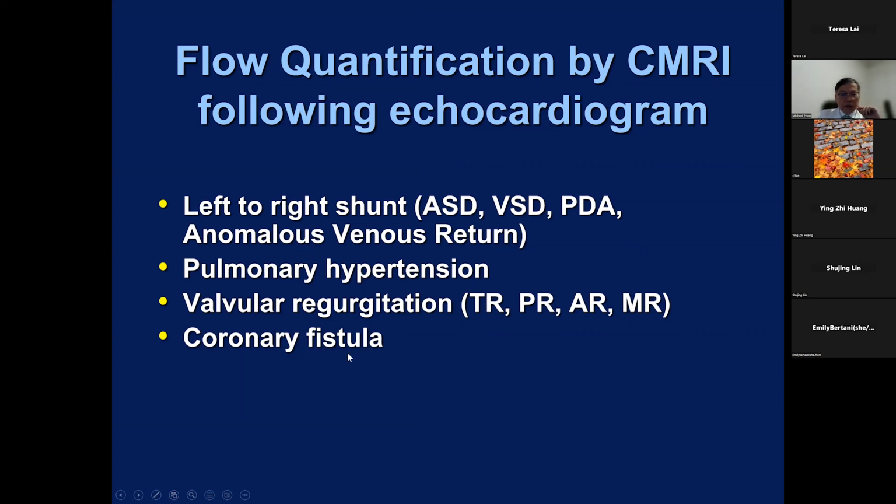So you better be right. You don't want a patient to go have an operation and be told, oh, by the way, there's nothing to fix. And we see coronary fistula all the time. Which one is clinically significant and which one is not? There's no other way to assess this except using MRI.